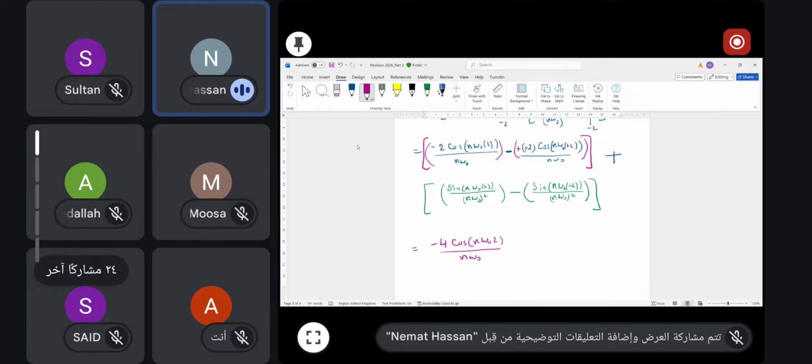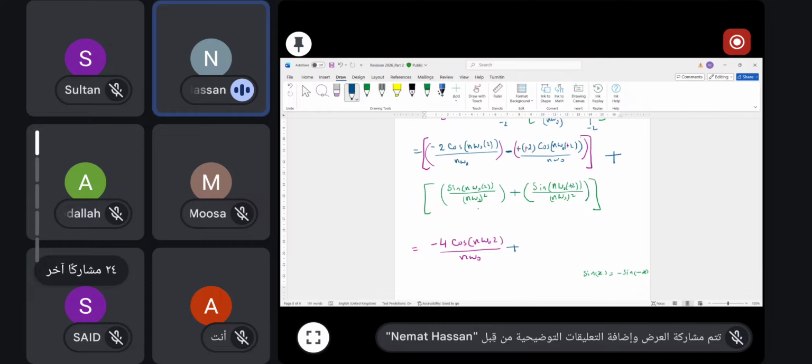And then we move on to the next term, plus. Cosine is an even function. Sine is an odd function, which means sine x is equal to minus sine minus x, right? So minus sine minus n omega naught 2 is also equal to this, right? Make sense?